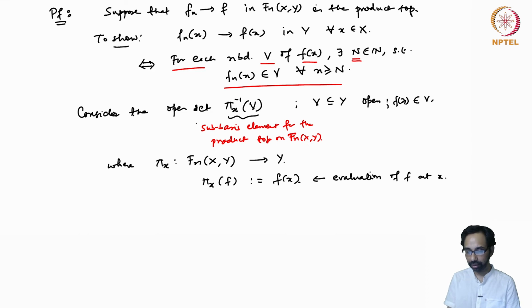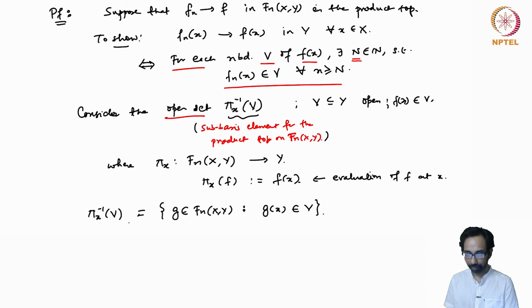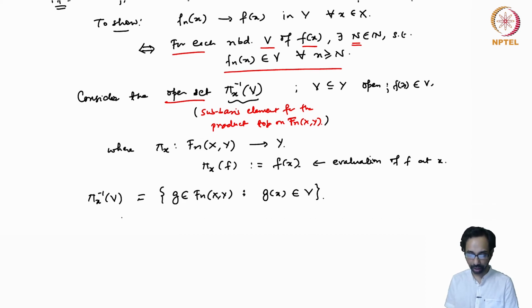And remember that pi_x inverse of V is a sub basis element for the product topology on Fn, so this is an open set. Notice also that pi_x inverse of V can be described as the set of all functions g in Fn(X,Y) such that g(x) belongs to V. This is by definition the inverse image of the coordinate projection map pi_x.